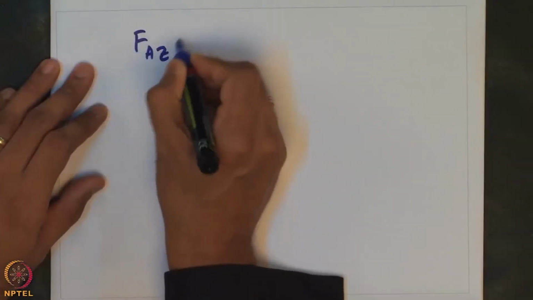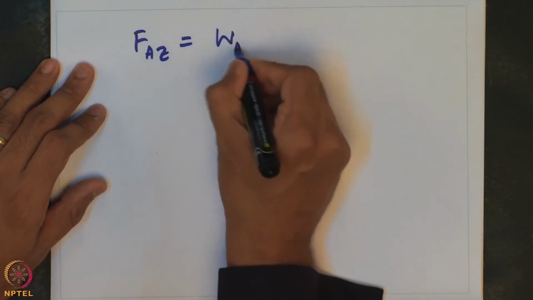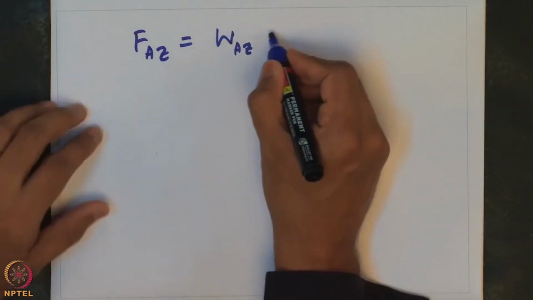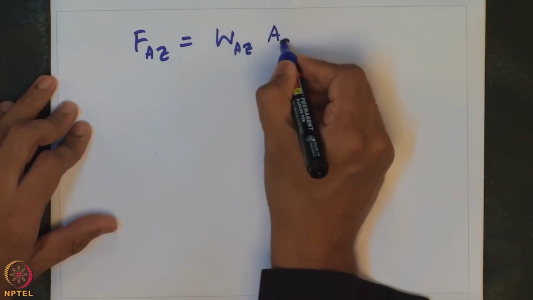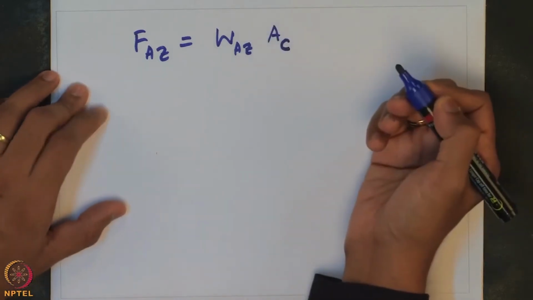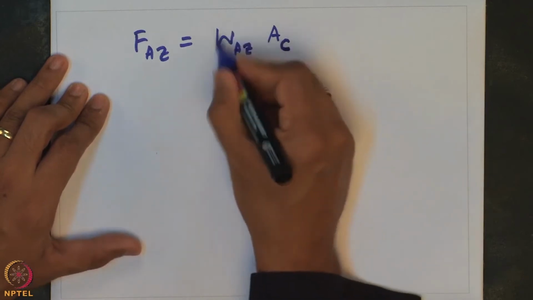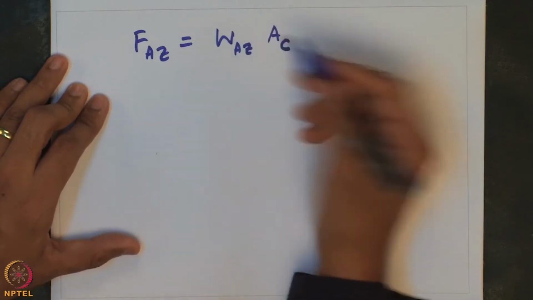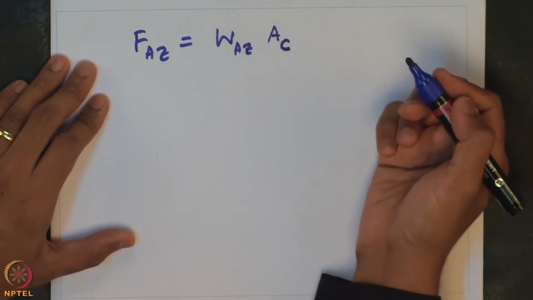The molar rate of the species at any location is given by Fa at Z equal to the flux with which the species is flowing multiplied by the cross sectional area Ac. So, this is the molar flux of the species at that location Z multiplied by the cross sectional area.